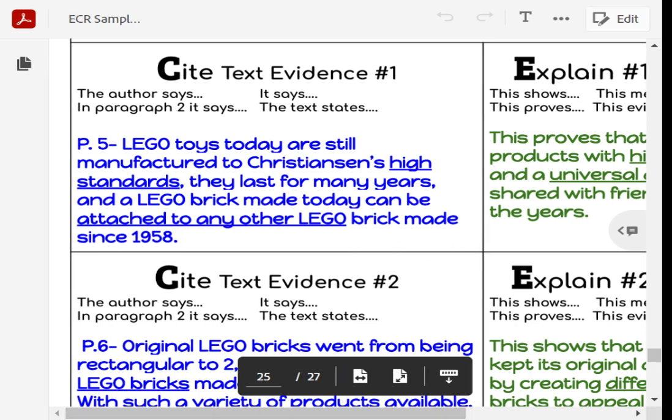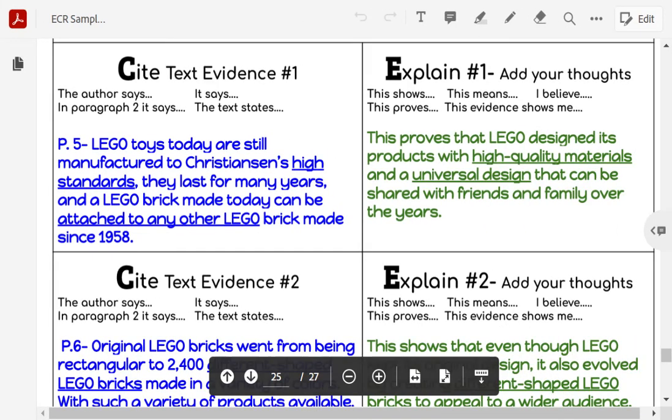So when you get to the E, look what I wrote here. I said, this proves that Lego designed its products with high quality materials and a universal design that can be shared with friends and family over the years.